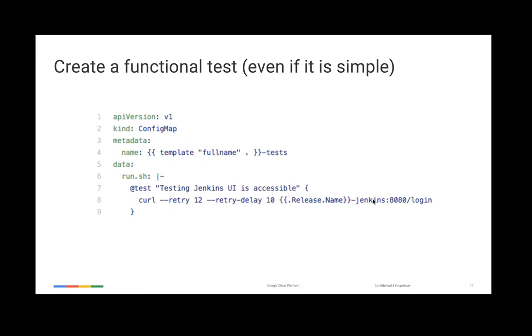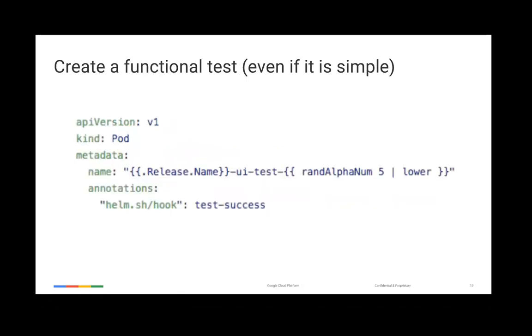So we're just going to curl the Jenkins UI in that script, and we have a pod that is going to run that script as a Helm test. So after we install with helm install stable/jenkins, we can wait until the pods are ready to go, and then we can run helm test to do a kind of smoke test against our deployment and make sure that all things are as we expect.